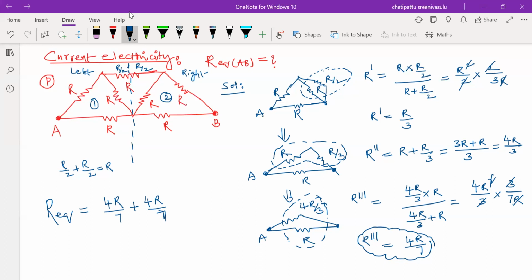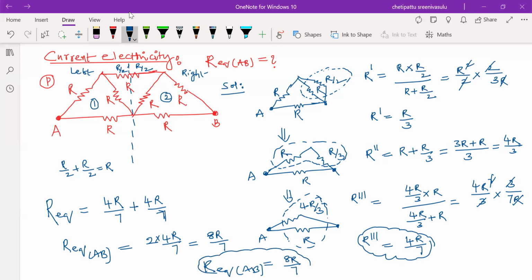Now the total R equivalent across AB equals 2 into 4R by 7, which is 8R by 7. This is the answer. R equivalent across AB equals 8R upon 7. This is the answer for this question.